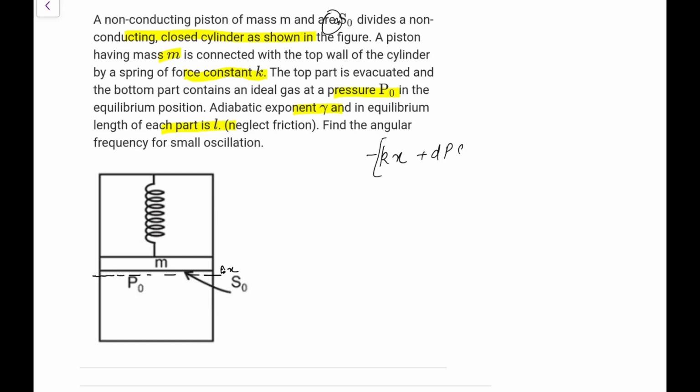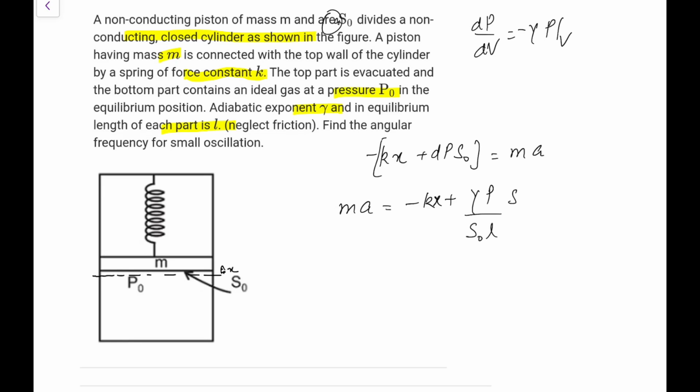That would be equal to your restoring force, or you can write it as ma. So ma is minus kx plus dp S naught, and what we know for an adiabatic process is dp by dv is minus gamma p by v. So dp magnitude would be gamma p upon v, where v was S naught L, and dv you can write as S naught into x.